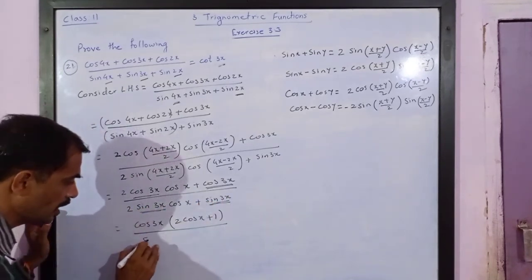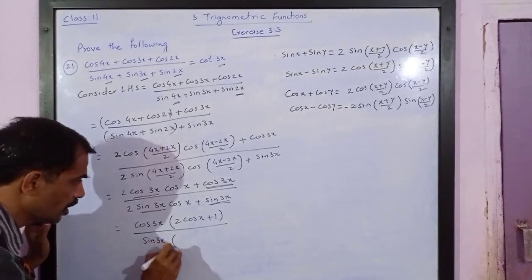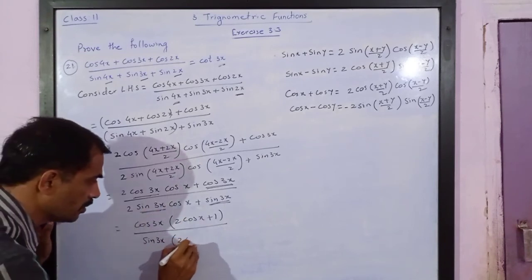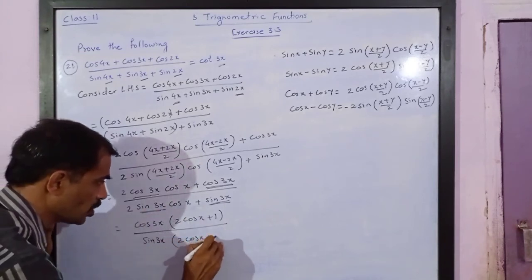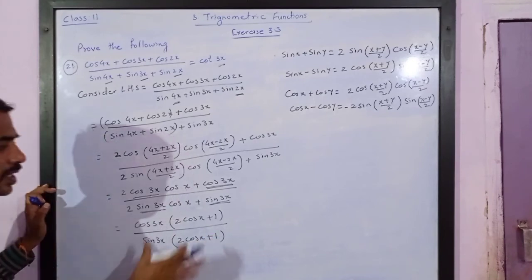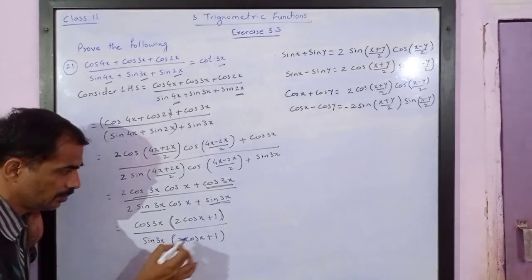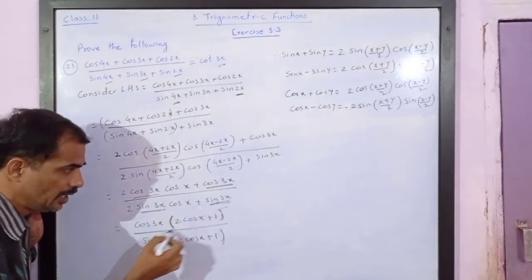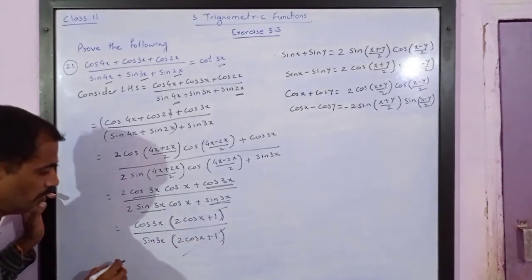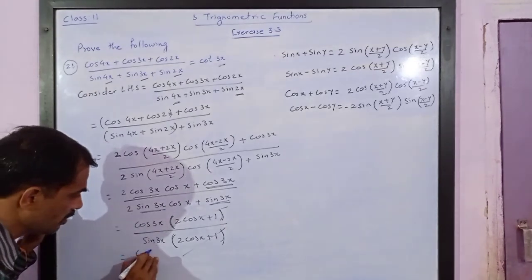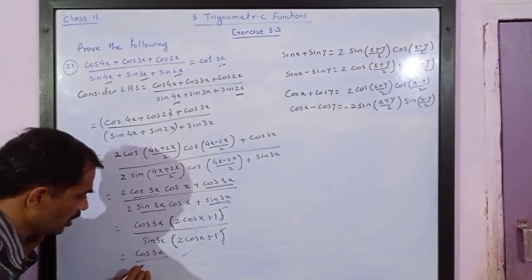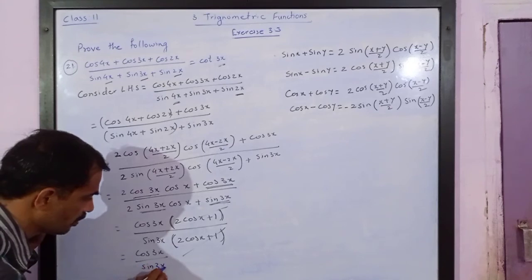So if you take sin 3x common, you will have 2 cos x plus 1. Now see, since this is a multiplication, this makes a single term. So we can eliminate this term and we are left with cos of 3x upon sin of 3x.